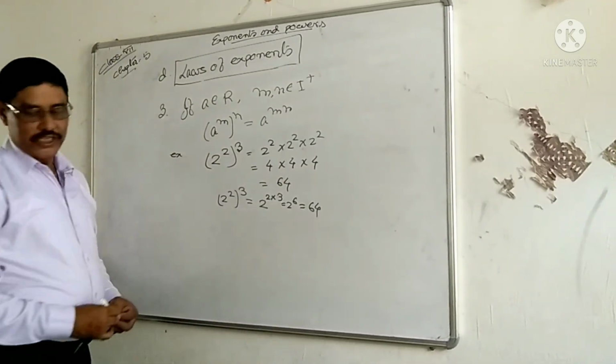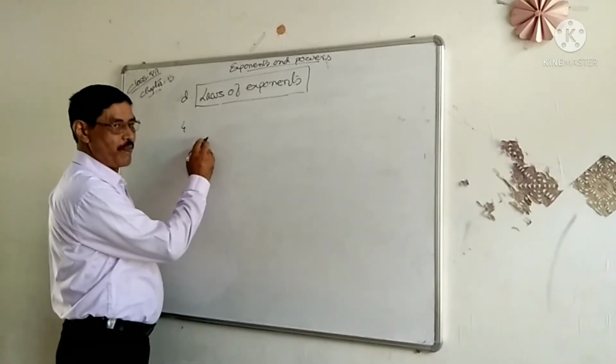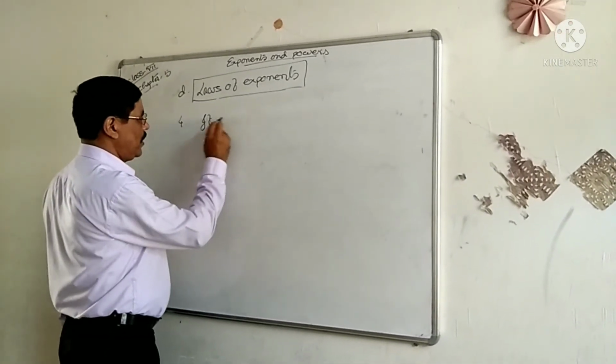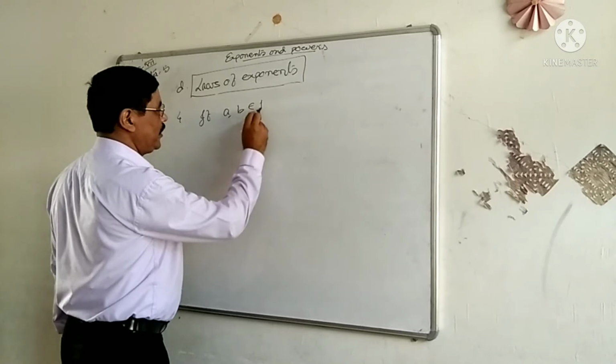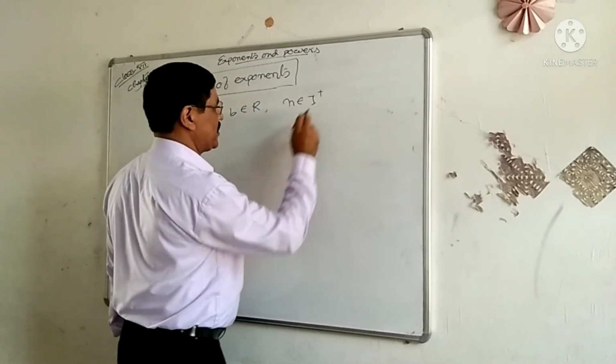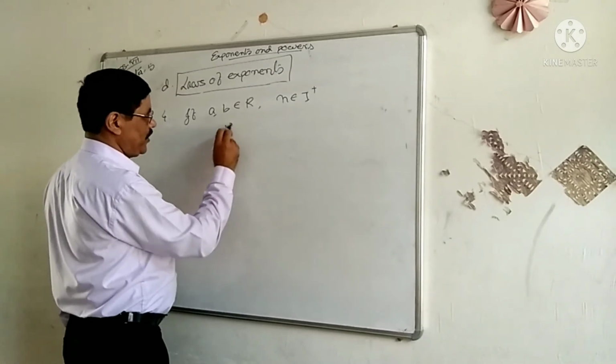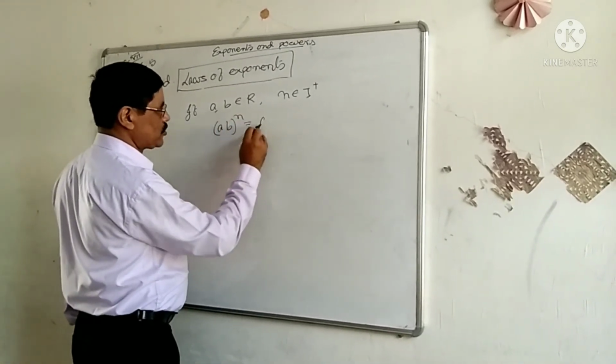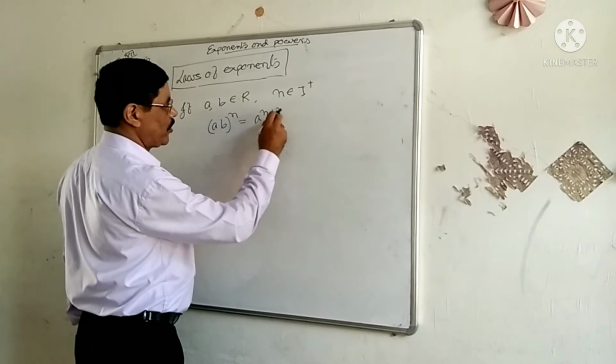After that, the next law of exponent. If a and b are any two real numbers and n is any positive integer, then ab whole to the power n equals a to the power n, b to the power n.